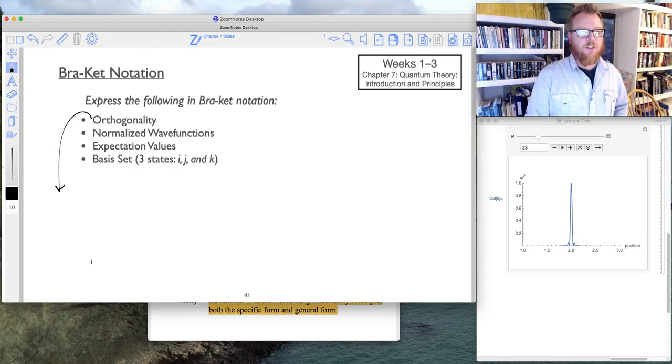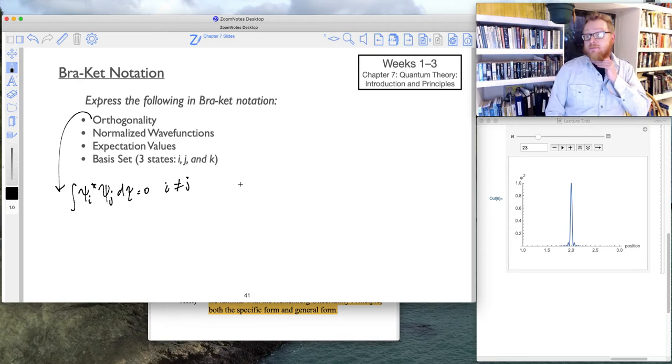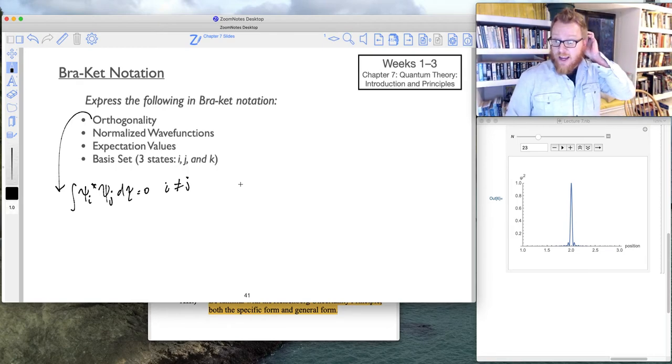I'll remind you, orthogonality looks like the following. The integral of psi of state i, complex conjugate, psi j d tau equals 0, where i cannot equal j. So how would I express this in bra-ket notation?